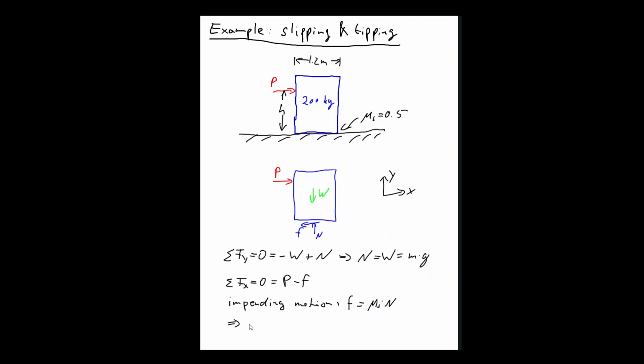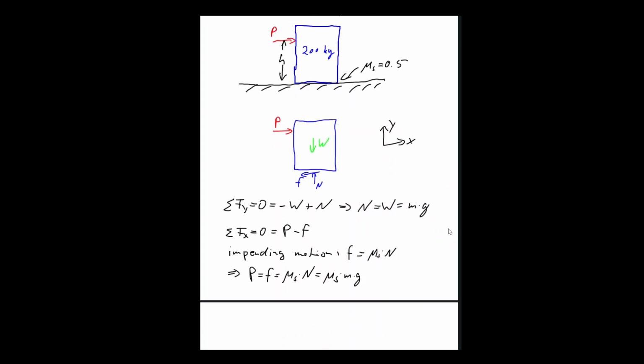We can say that means P is equal to F is equal to mu s times N. N is equal to m times g. So mu s times m times g. I don't think that will fit here, so let's go to the next page.